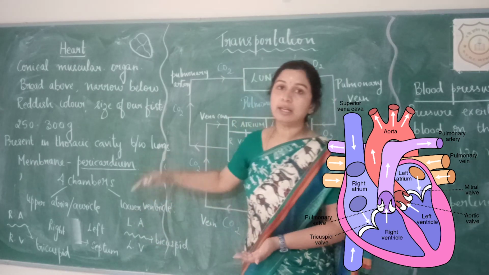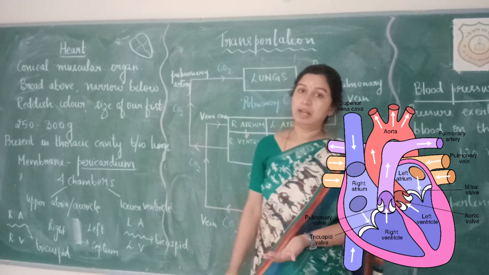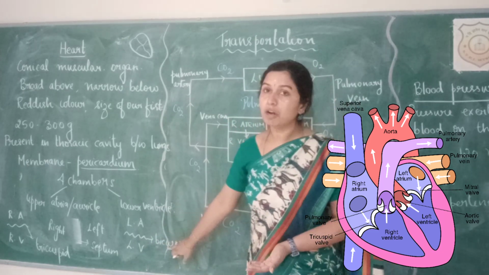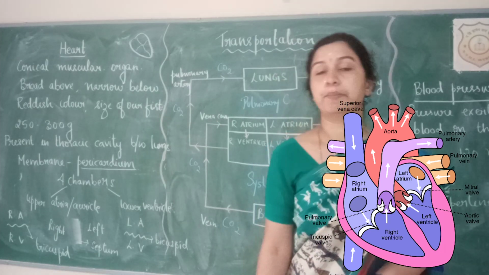Again, if you see the left atrium and the left ventricle, they are separated by a valve which is termed as bicuspid valve.